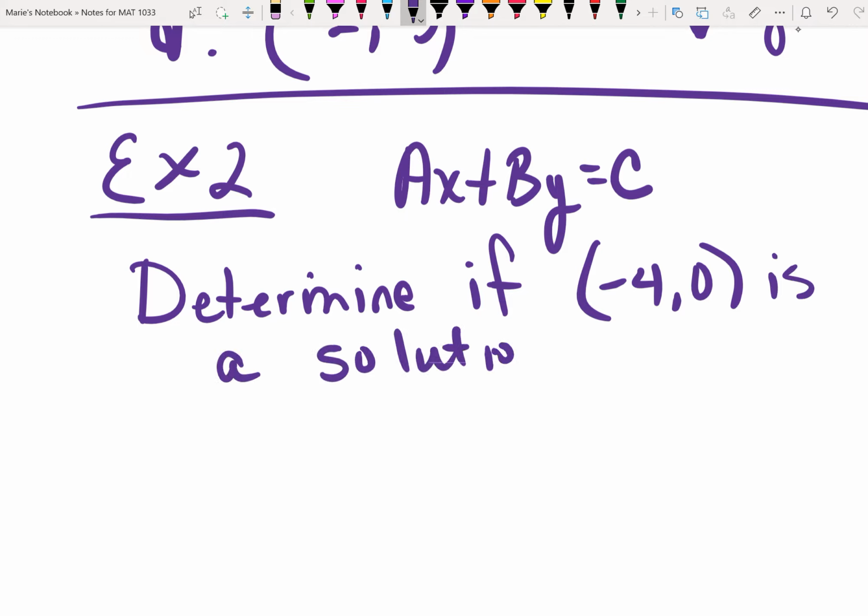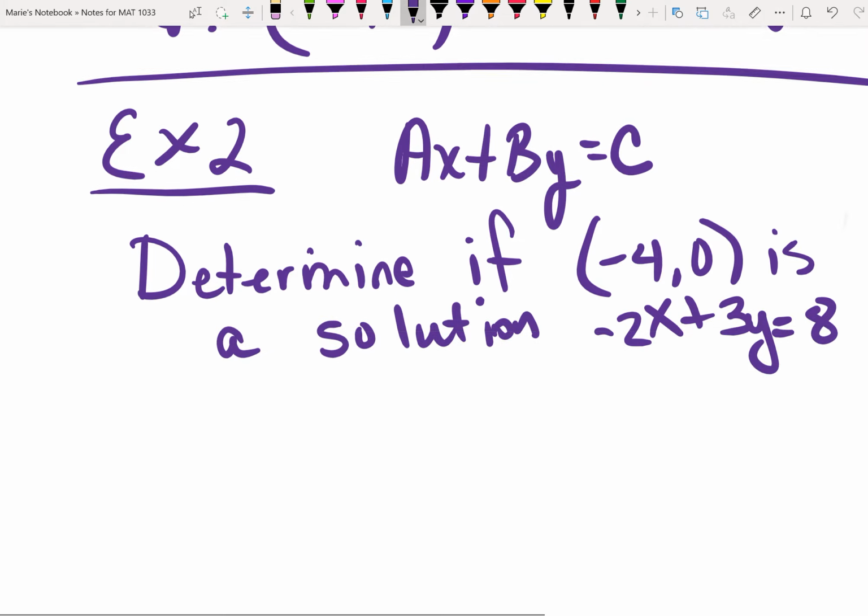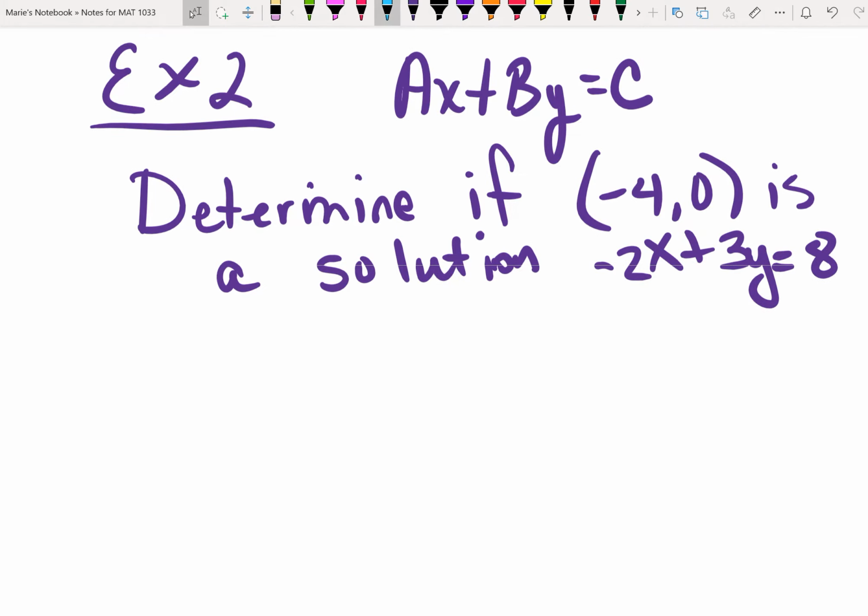So if I give you a line with an actual value, like negative 2x plus 3y equals 8, all you have to do basically is substitute. So remember, if you were to follow the color coordination, this is your x variable. And let me get you another color here. Let's do orange. This is your other variable. Okay? And so you're substituting in the number as you see.